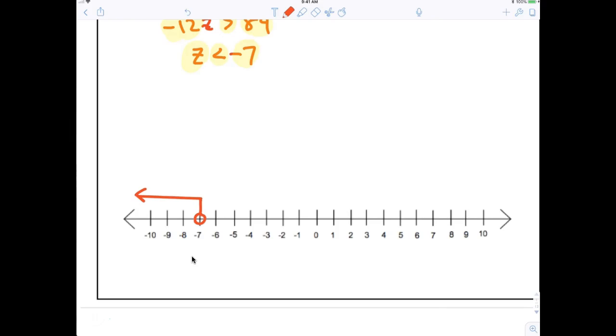Who's brave enough to tell me about interval notation, Madeline? No bracket. The reason it's not a bracket is because it's not equal to. Everybody hearing me? All right, now look right here.